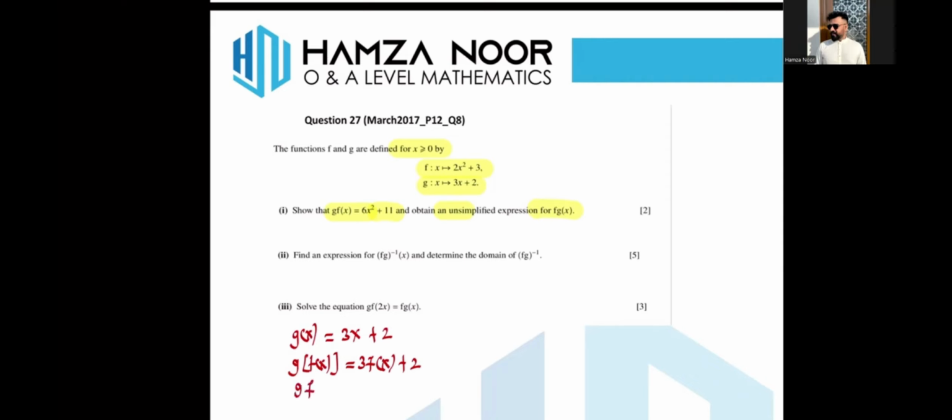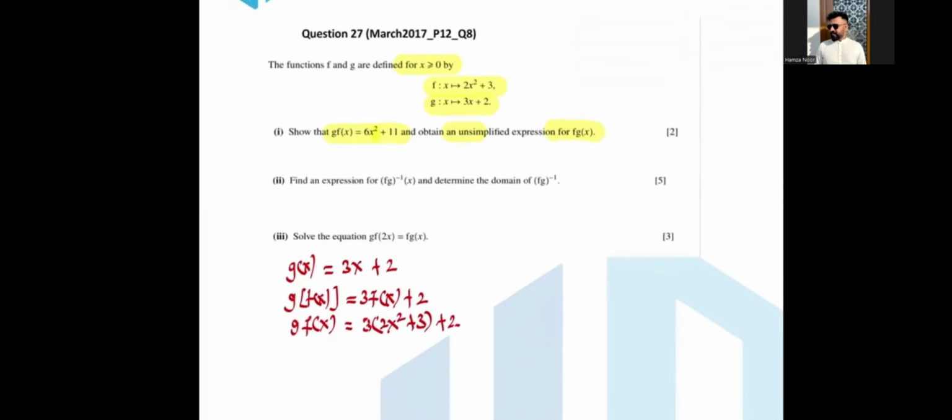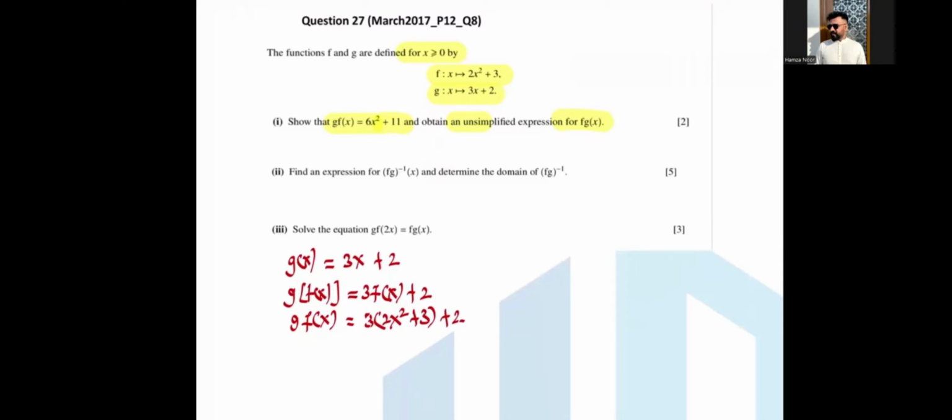Therefore g(f(x)) = 3(2x² + 3) + 2. So g(f(x)) = 6x² + 9 + 2, therefore g(f(x)) = 6x² + 11.